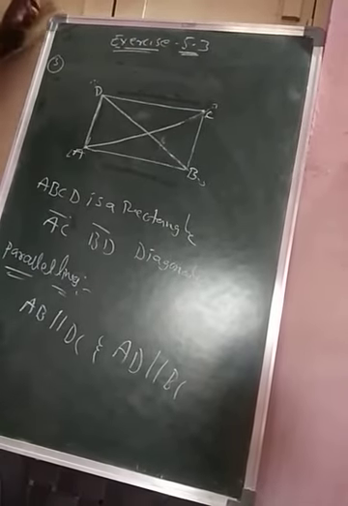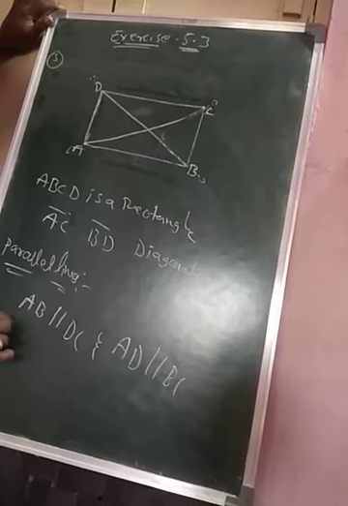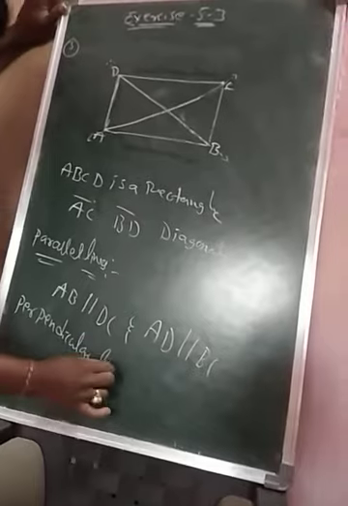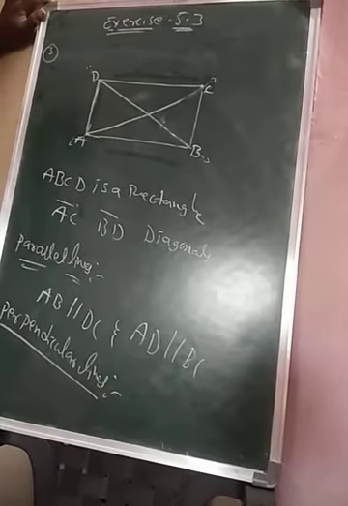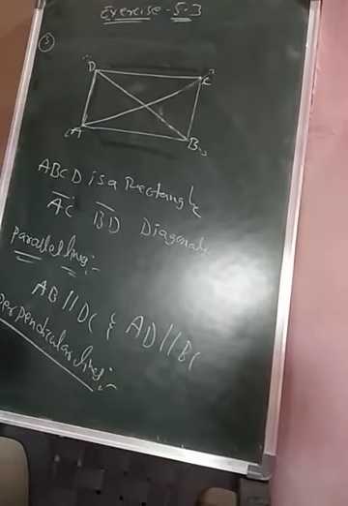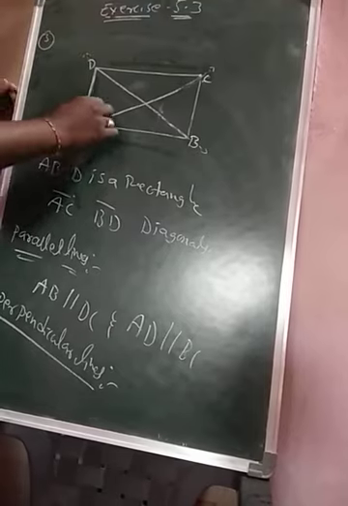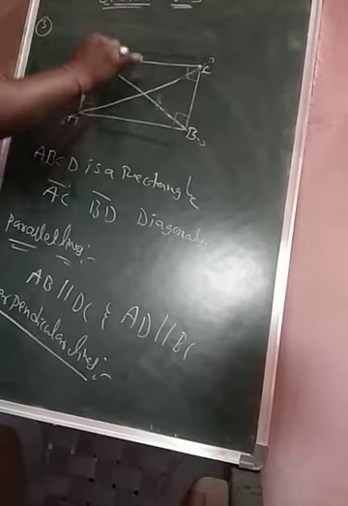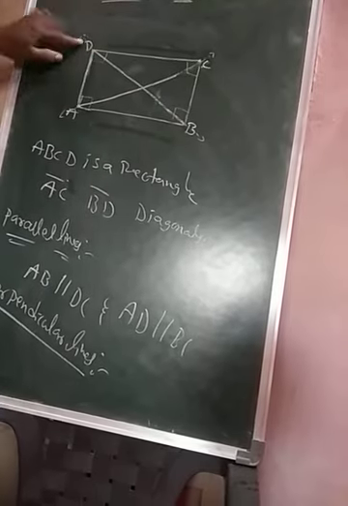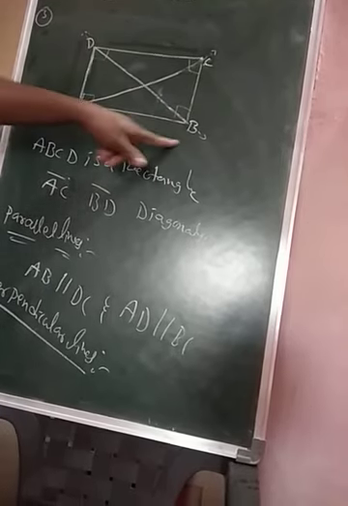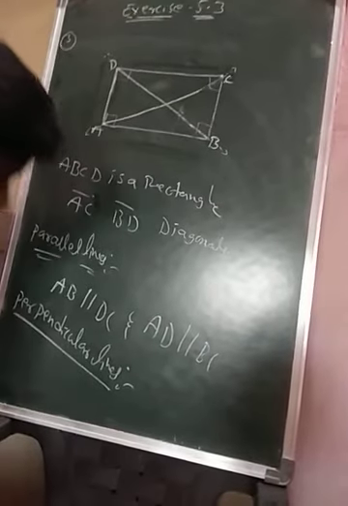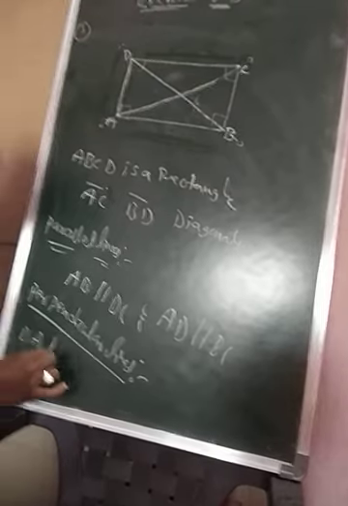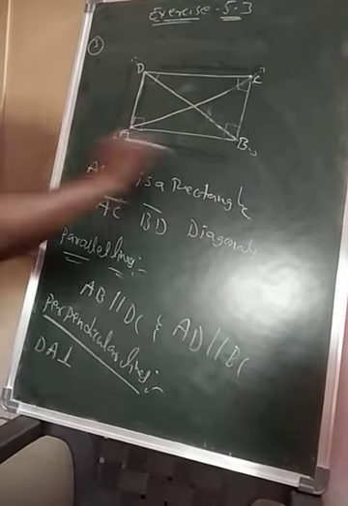Next, perpendicular lines. You see clearly, they form a right angle. Here also a right angle, here also, here also. Now, DA is perpendicular to AB, using the perpendicular symbol.